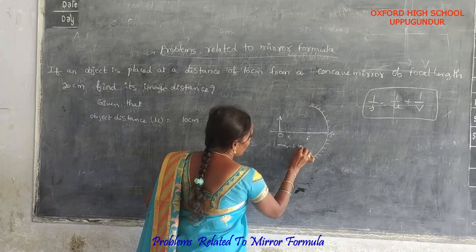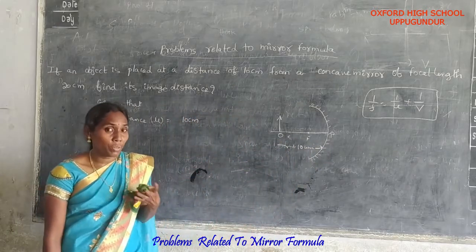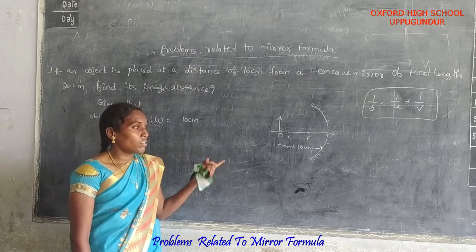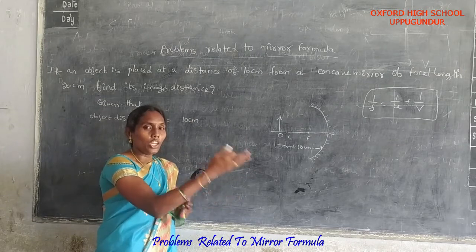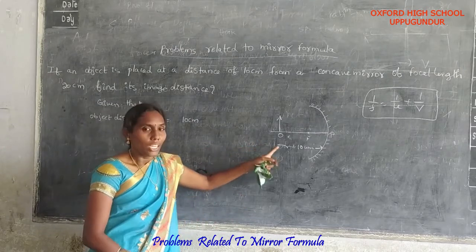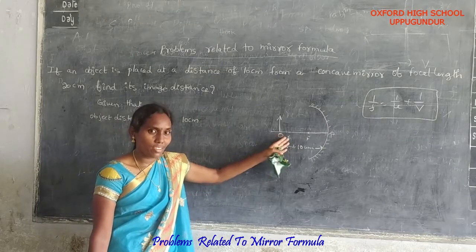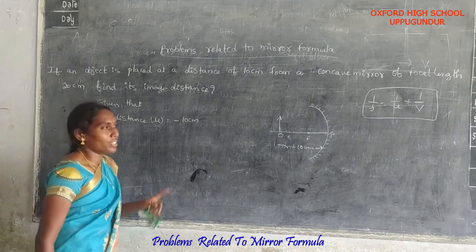This is 10 centimeters. As I already said, all distances should be measured from the pole. The distance measured in the direction of the incident ray is taken as positive, and in the opposite direction as negative. That's why in this case the object distance is taken as negative, that means minus 10 centimeters.